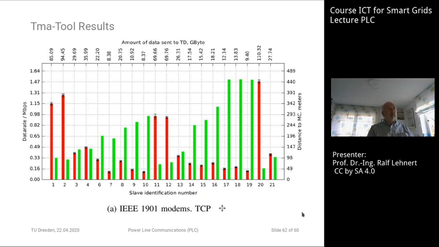What we also observed is that there is a time of day variation. So this was a measurement, I don't know when, on the daytime or the nighttime. This can be easily explained because at nighttime usually the noise floor is much lower because not too many consumers are connected and active. That's why the packet transfer is not that much disturbed.